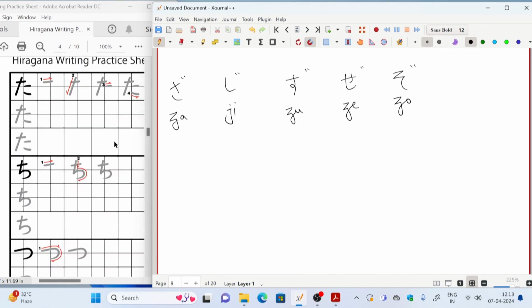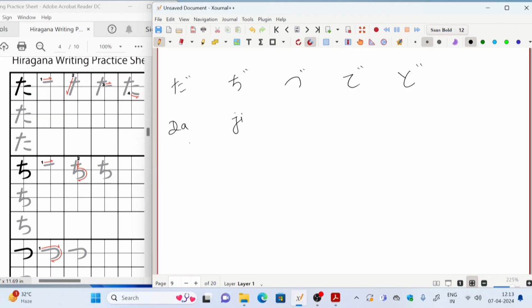Next is ta. When it is ta, chi, tsu, te, to, and we put ten, it again changes into da, ji, zu, de, do.